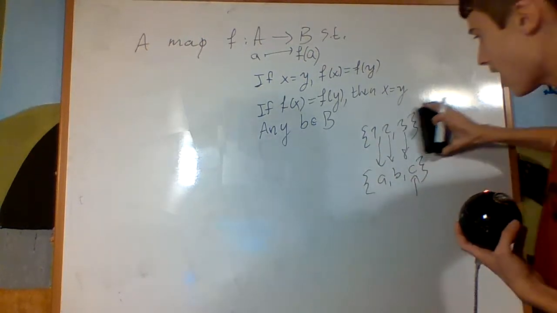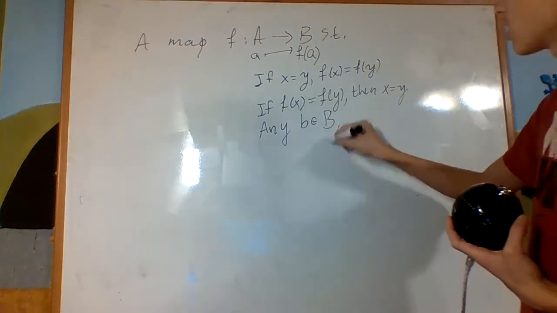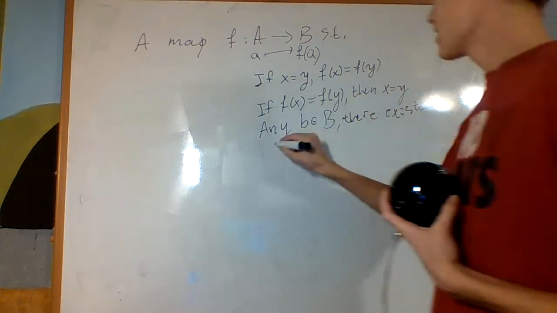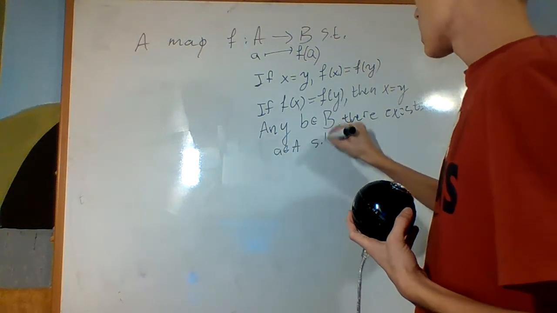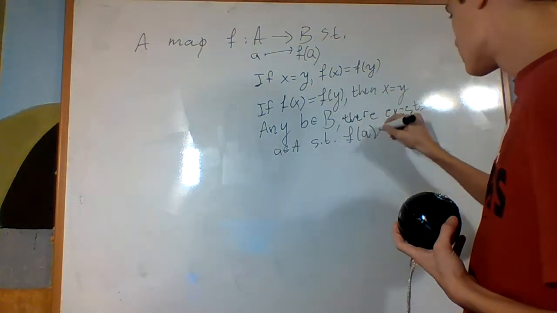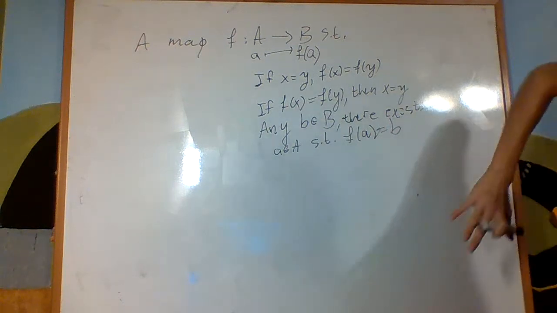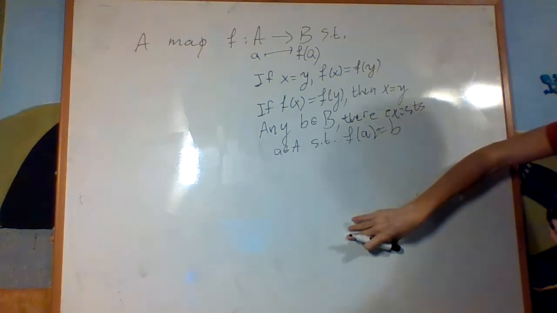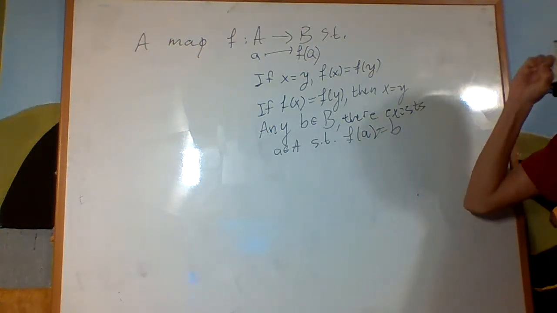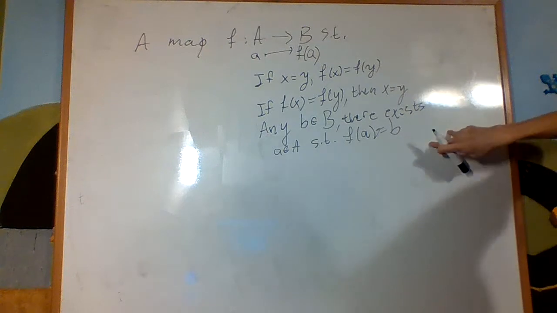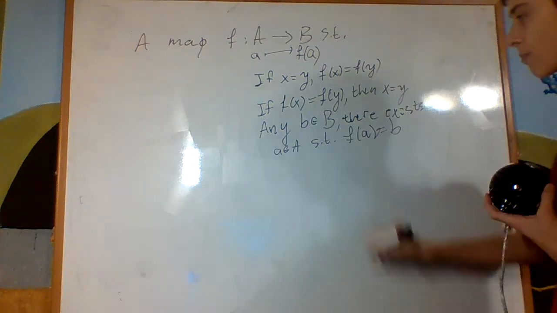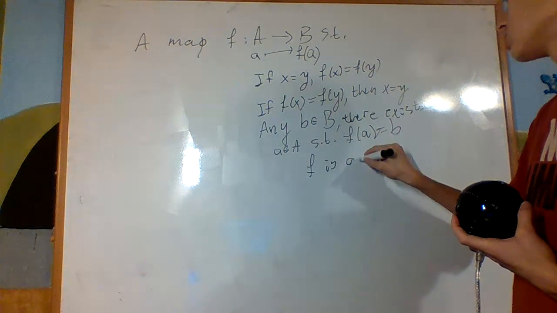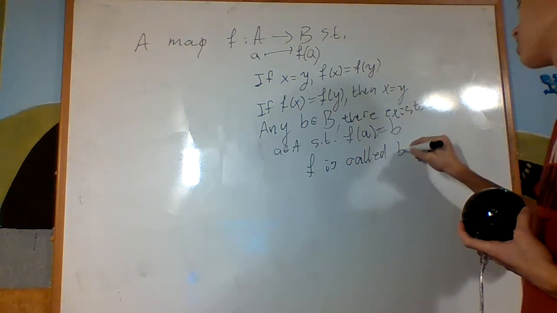For any element of B, there exists an element of A such that F maps to B. Basically meaning everything in the output is hit, and you can't send two different elements to the same element. This is what is called a bijection. F is called bijective.